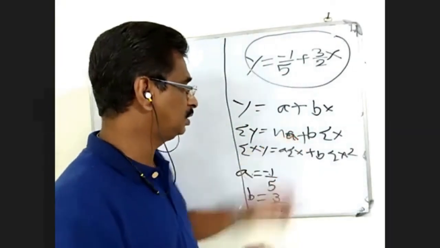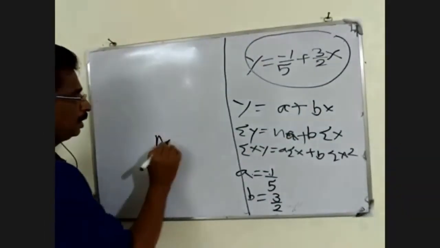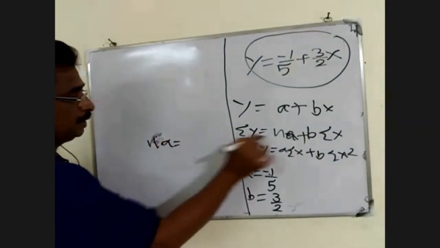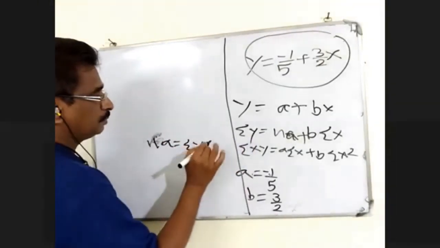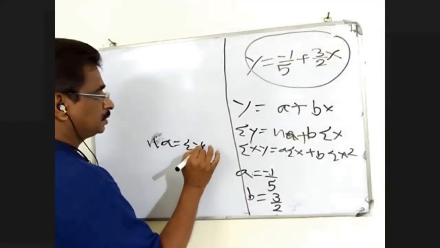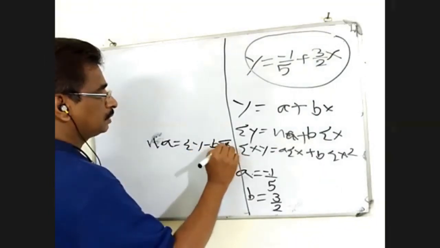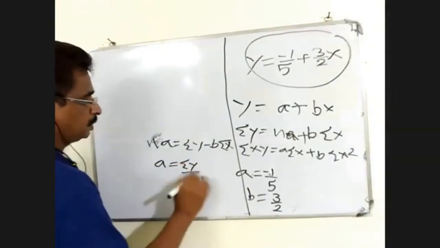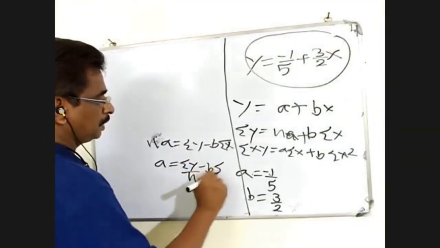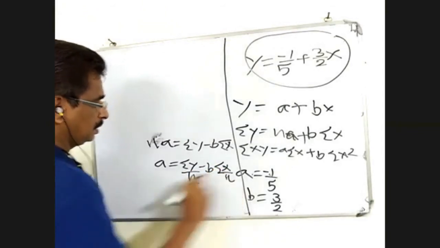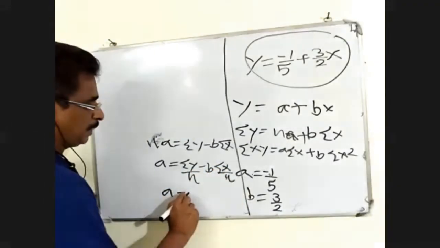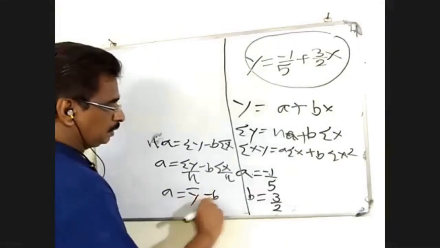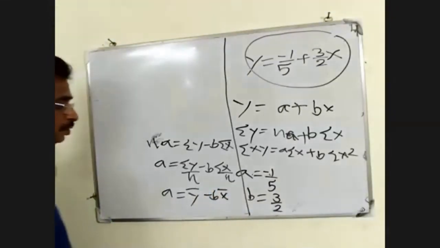From this equation, na is equal to sigma y minus b sigma x, or a is equal to sigma y by n minus b sigma x by n, or a is equal to y bar, the arithmetic mean, minus b into x bar. So we got the value of a.